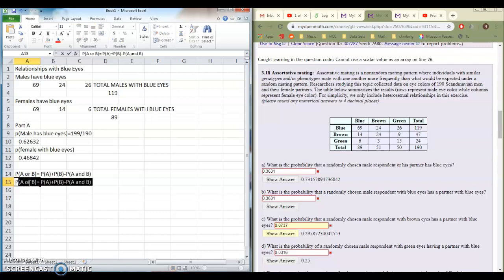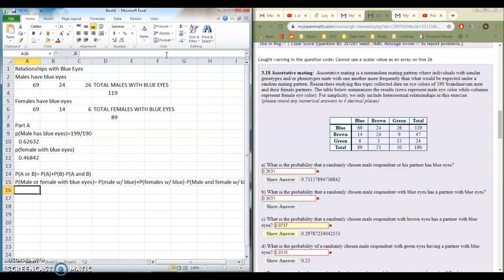So let's go ahead and do that. The probability of male or female with blue eyes equals the probability of males with blue eyes, plus the probability of females with blue eyes, minus the probability of male and female with blue eyes.